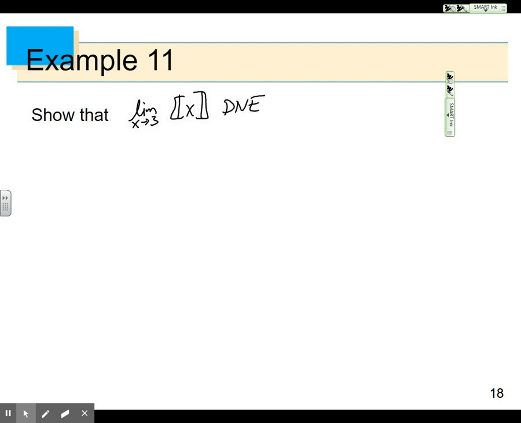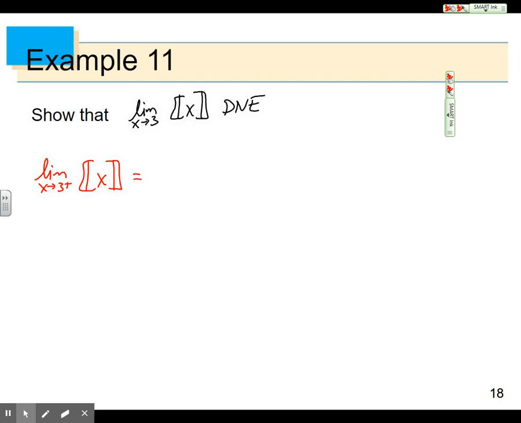Again, I'm showing I got a left-hand limit and a right-hand limit. Just get used to writing all of that out. Okay. So let's just do the right side first. The limit as x approaches 3 from the right side of the greatest integer function.